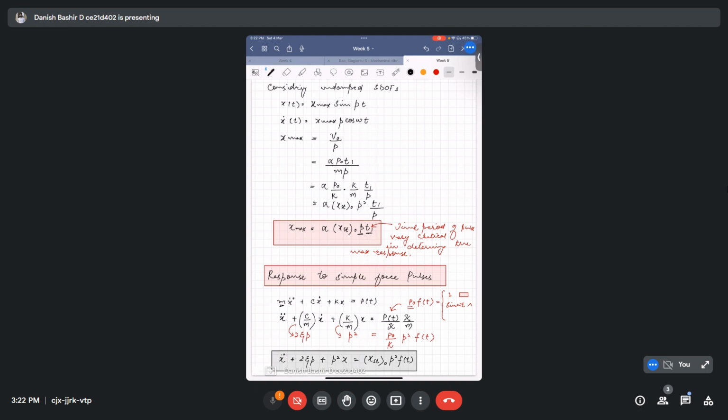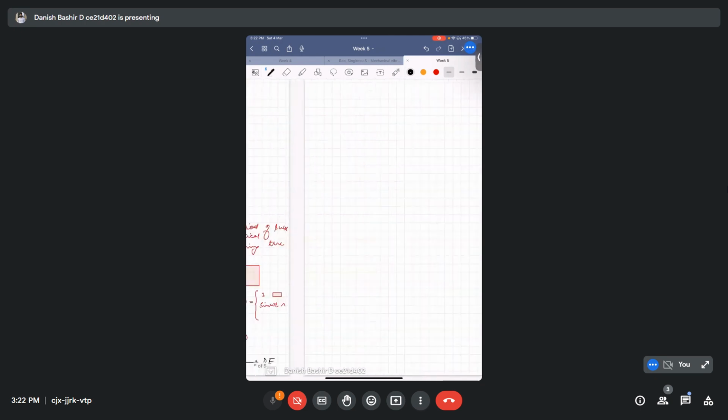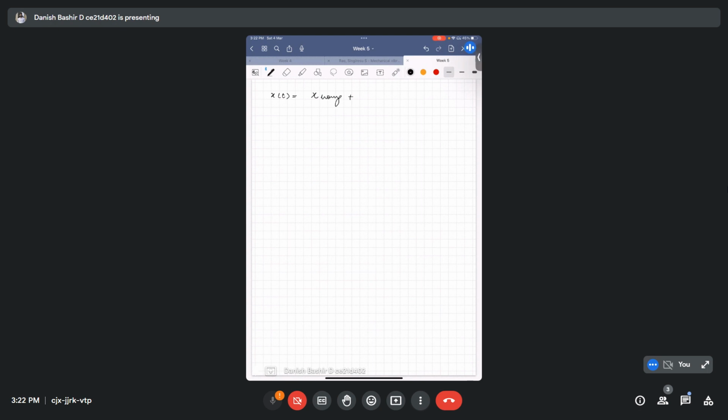Okay, so now when we are going to solve this type of differential equation, the total solution, that is, the final solution x of t, will consist of the homogeneous solution plus the particular solution.